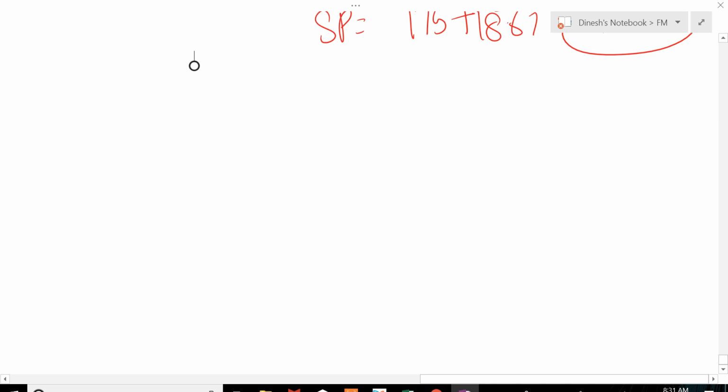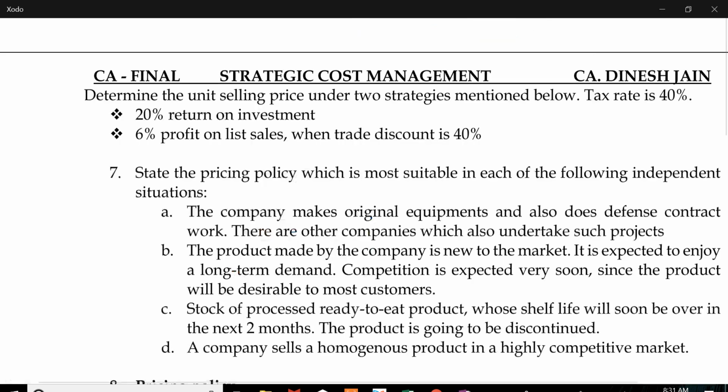It is assumed that the company needs a 20% post-tax ROI.